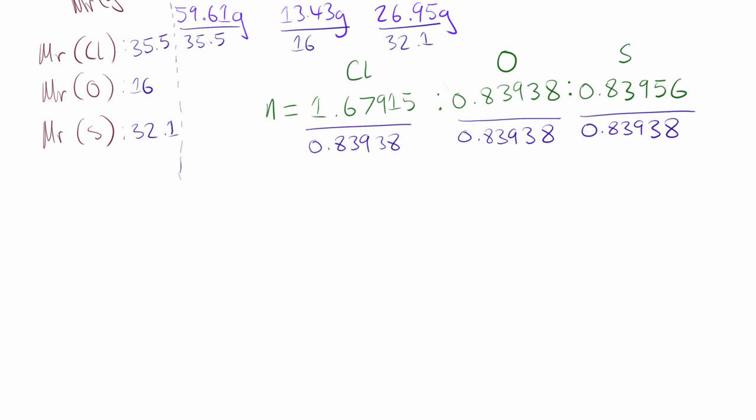Well, we're going to find that we get 1 here, right? You can just see that we're dividing something by itself. And for the others, for sulfur we get 1.0021, and for chlorine we get 2.00046.